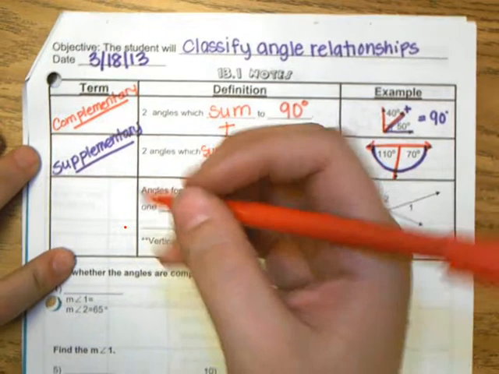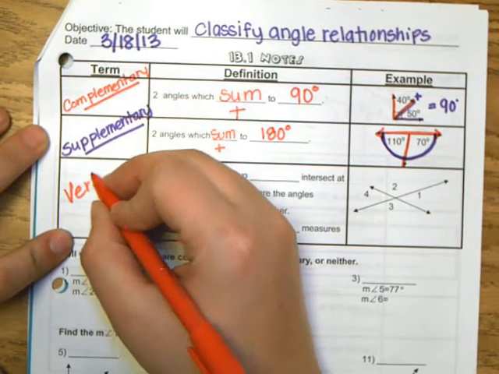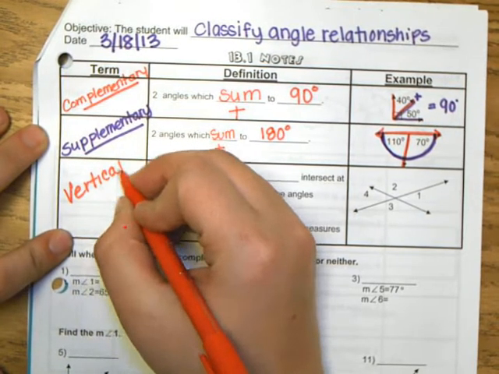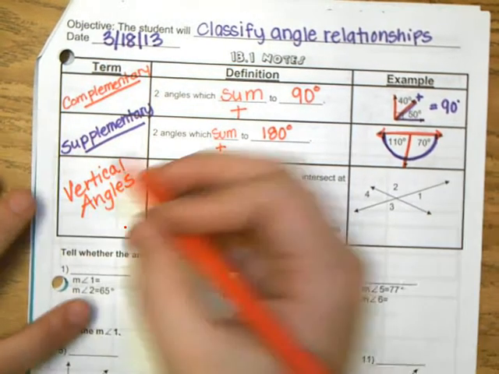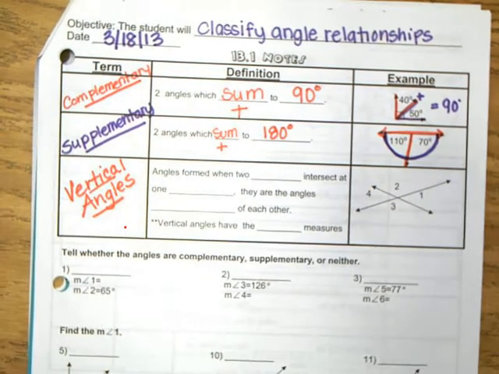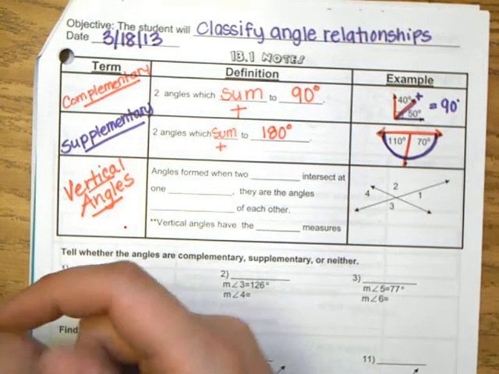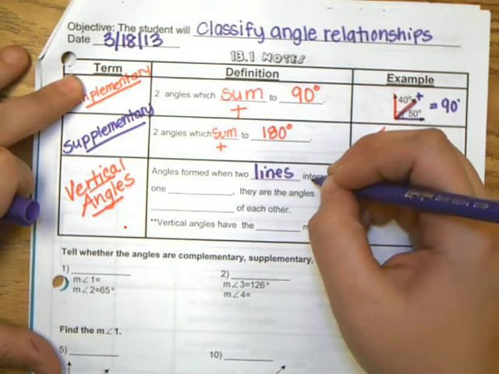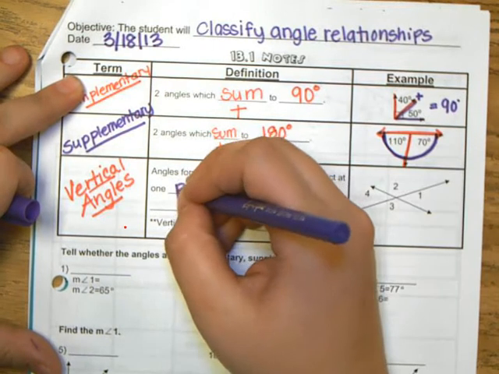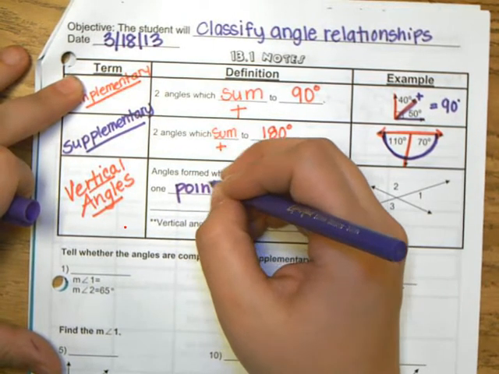The next type of angles we will be talking about are vertical angles. And vertical angles are formed when two lines intersect at one point.